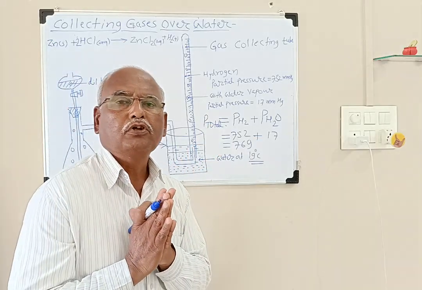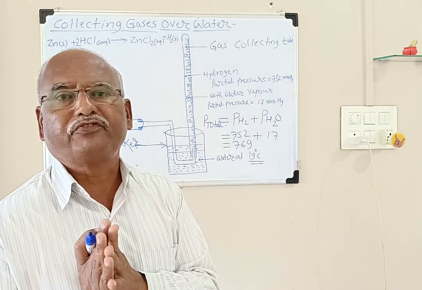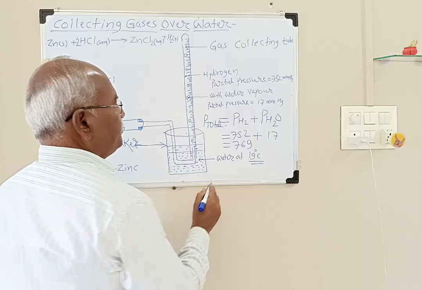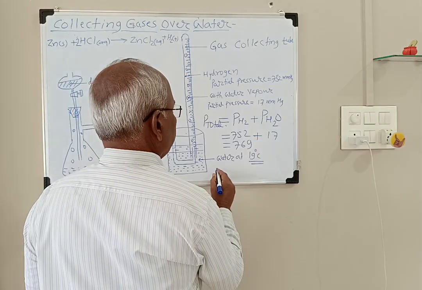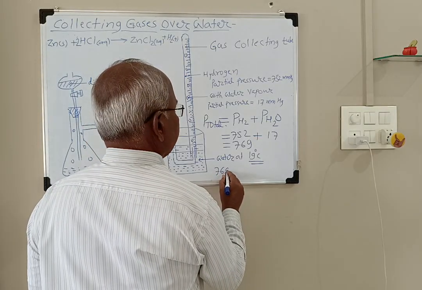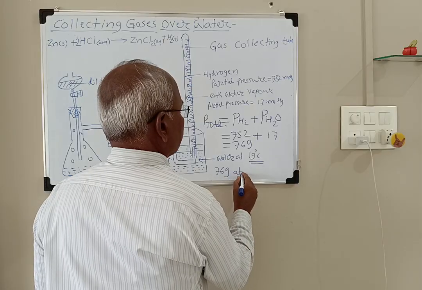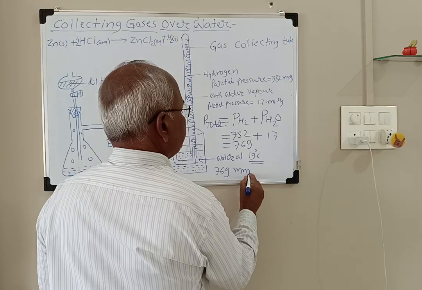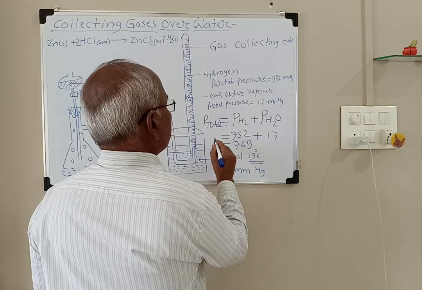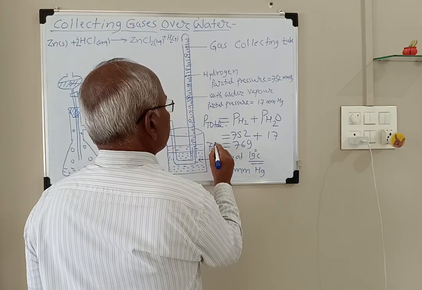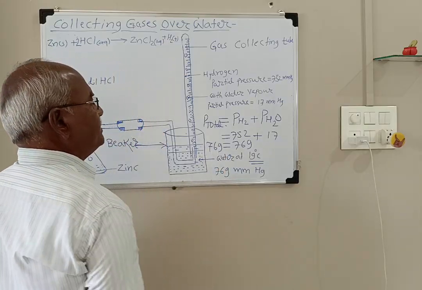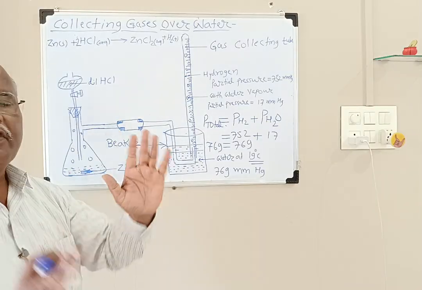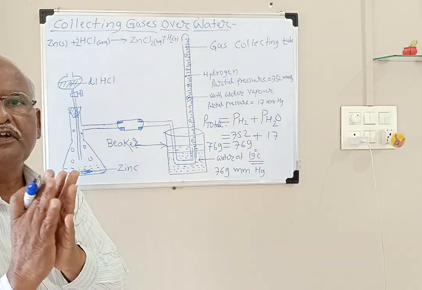The barometric pressure which is measured is 769 mmHg. So P total is also equal to 769.